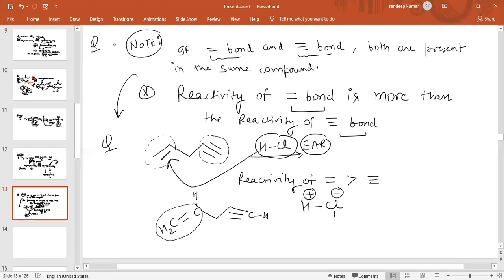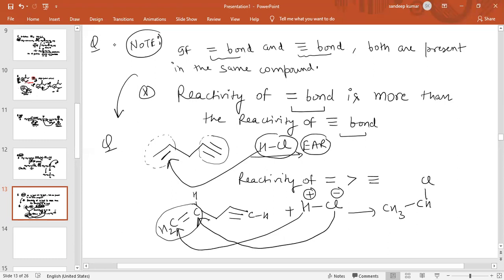So the negative part will add on the carbon atom with less hydrogen, and the positive part will add on the carbon atom with more hydrogen. So the product obtained is CH3 CH Cl and C triple bond CH. So this is basically the major product obtained.